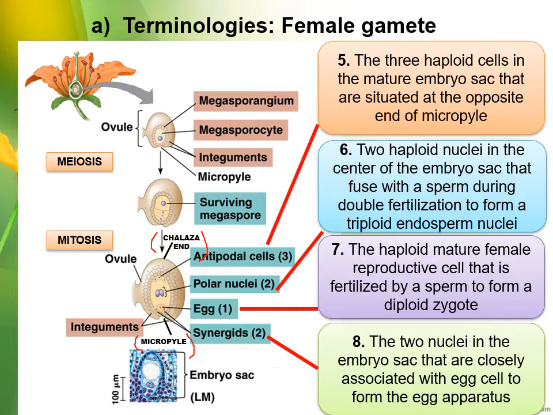It is the haploid mature female reproductive cell that is fertilized by a sperm to form a diploid zygote. The last term is synergid cell. It is the 2 nuclei in the embryo sac that are closely associated with egg cell to form the egg apparatus.